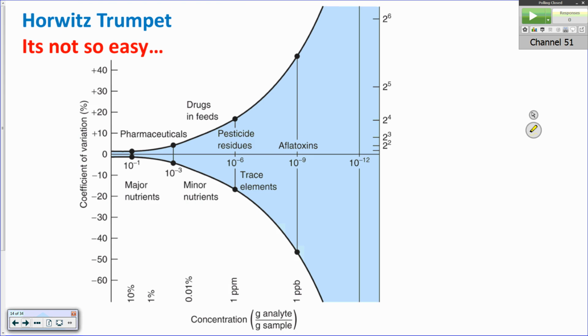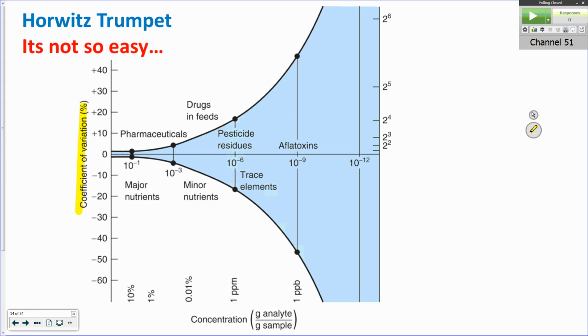This was a slide that I went over in the video, but I just want to emphasize what it's saying. It's called the Horowitz trumpet. It is a plot of the coefficient of variation that you expect to see, the CV. Remember, that's the standard deviation divided by your average signal times 100.